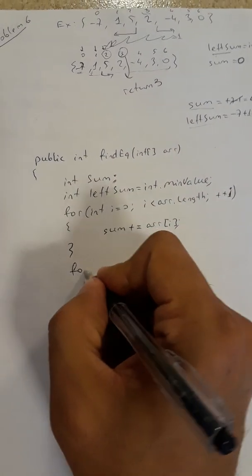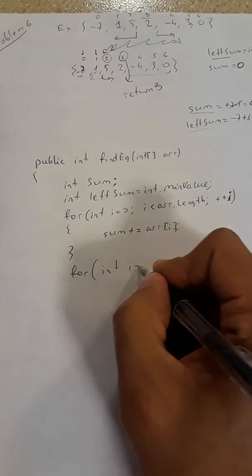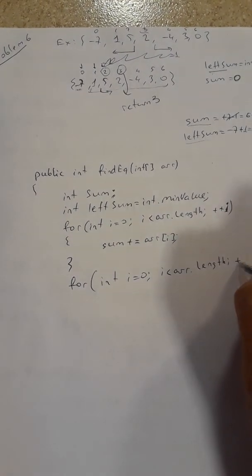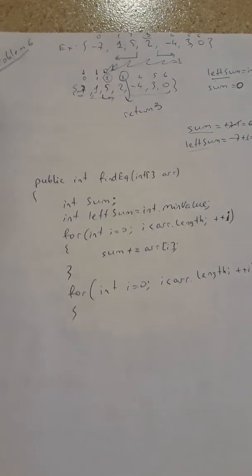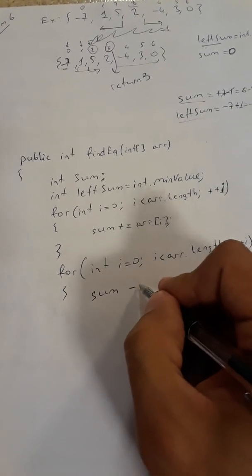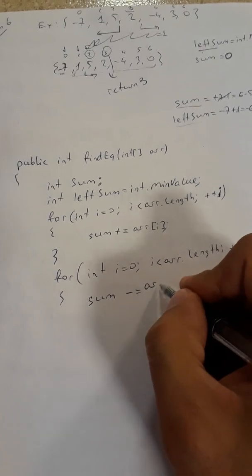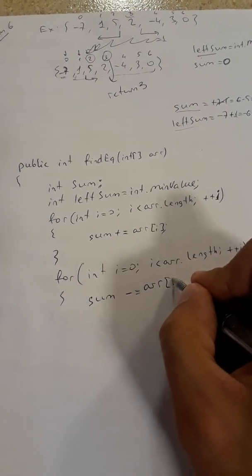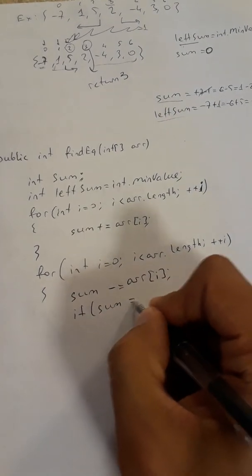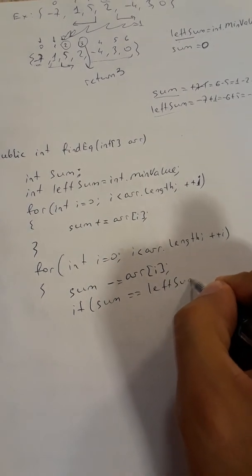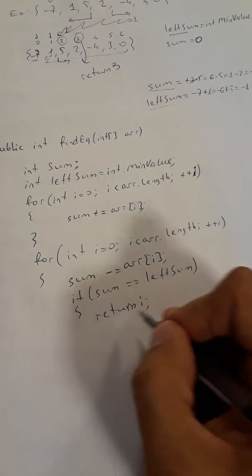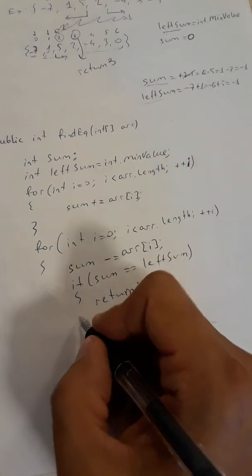After that, we're initializing another for loop, and at the beginning of our for loop, we're just decrementing our sum by the element from the array, and after that we're checking if our sum value is equal to left sum value. If it is, we will just return i, which represents the index value.